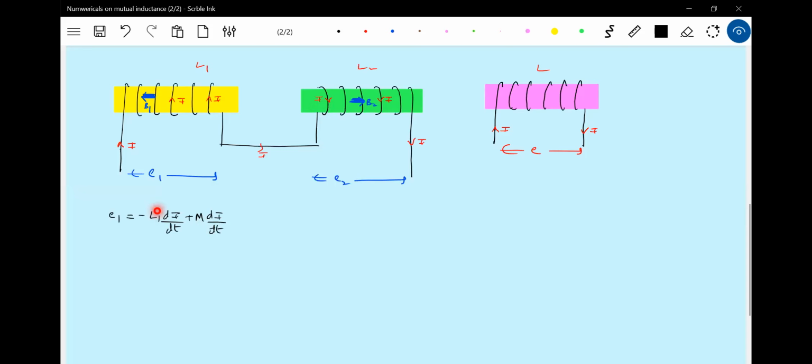The reason for that is to look at the B field. At this particular point, the field produced at the location of the first coil due to current in the second coil will be opposite. So mutual inductance will take the opposite sign here. Similarly, E2 is equal to minus L2 di by dt.